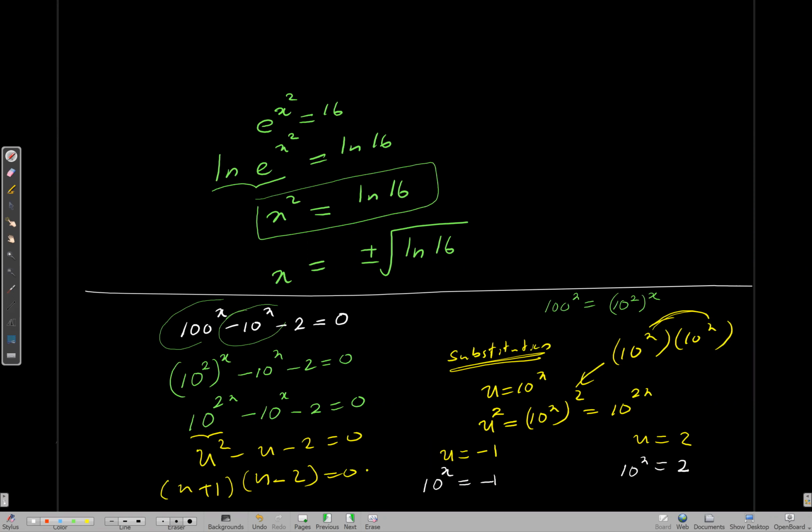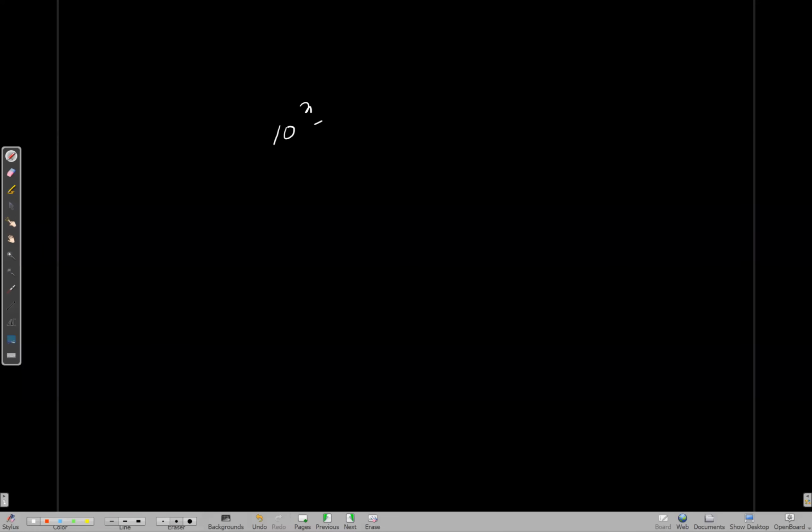Now at this point, let me go to the next page. So 10 to the x is -1, 10 to the x is 2. That's what we had. But if you take log, see the base is 10 now, so you just have to take log of both sides, log 10 to the x, log of -1.